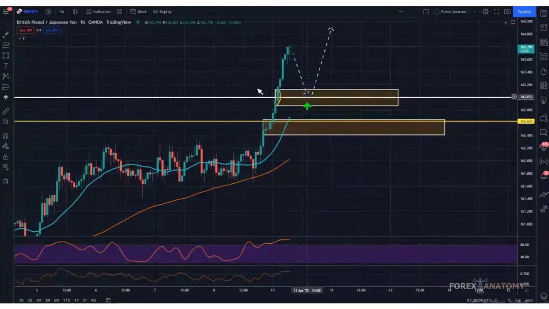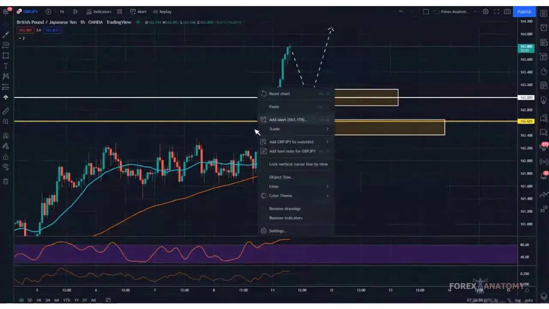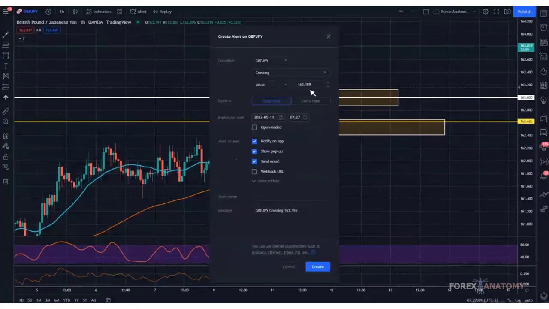So let me place a price alert here as well, just to be reminded when price reaches the zone, 163.00, 159. Let's do 15 just to be simple. So at 163.15, going to treat that as an area of 1 hour structure support.